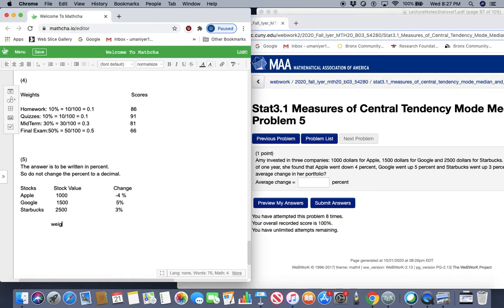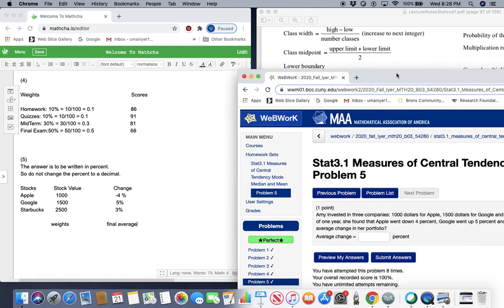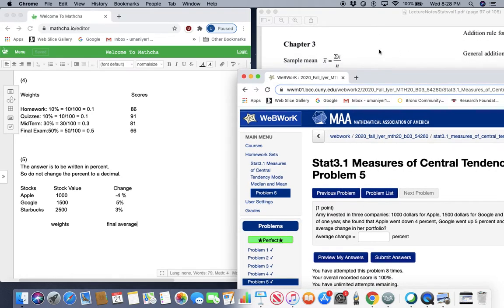Stocks are the weights, and this is the final average that we are looking for. All right. So, why is that important? It is important because remember your formula, your denominator, you're adding all the weights. So it matters which ones you add. These do you add or do you add these? Well, that's why it's important to recognize what you're looking for.